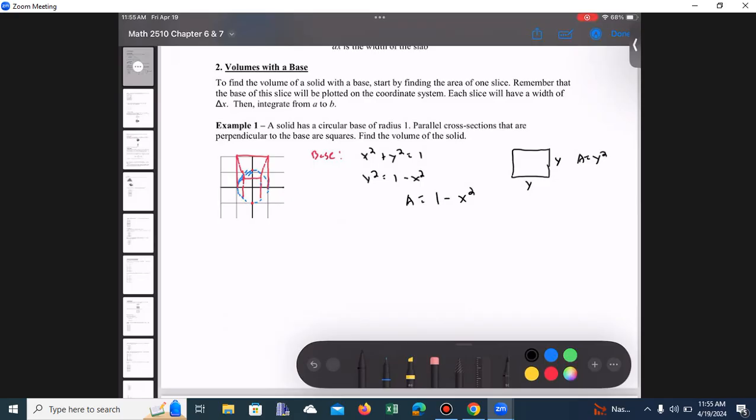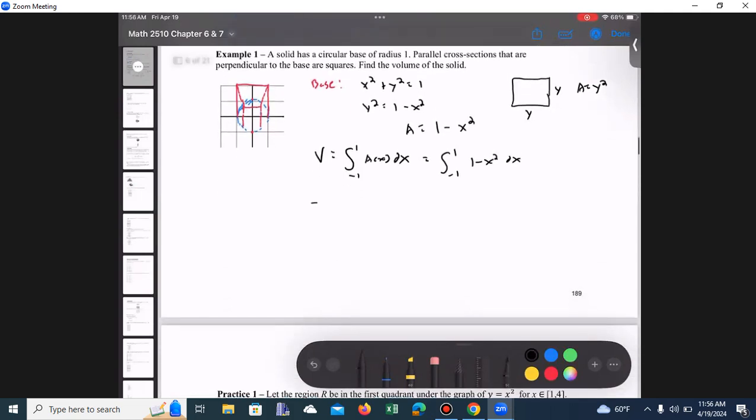Okay. So if we look at the volume, when we integrate an area with the width of dx, this is going to go from -1 to 1 since the radius is 1. So we have the integral from -1 to 1 of 1 minus x squared dx.